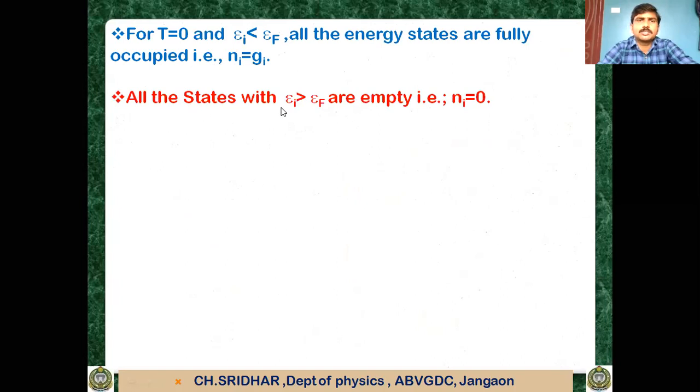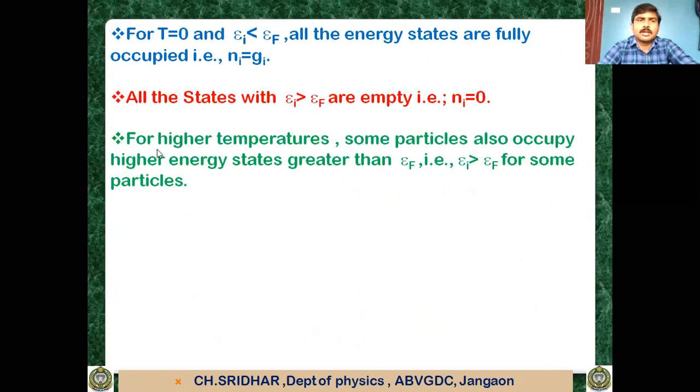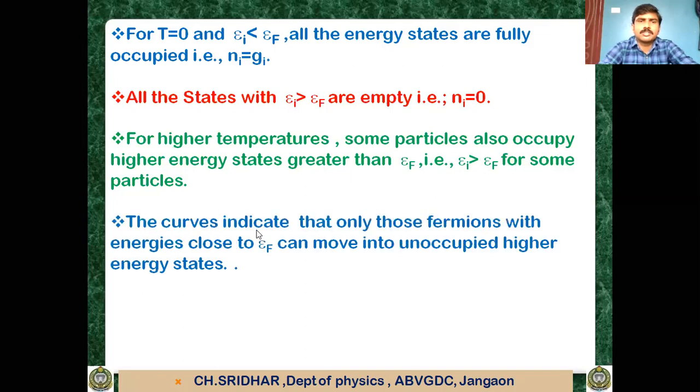And all the states with Ei greater than EF are empty, that is Ni is equal to 0. For higher temperatures, some particles also occupy higher energy states, greater than EF. So the curves indicate that only those fermions with energies close to EF can move into unoccupied higher energy states.